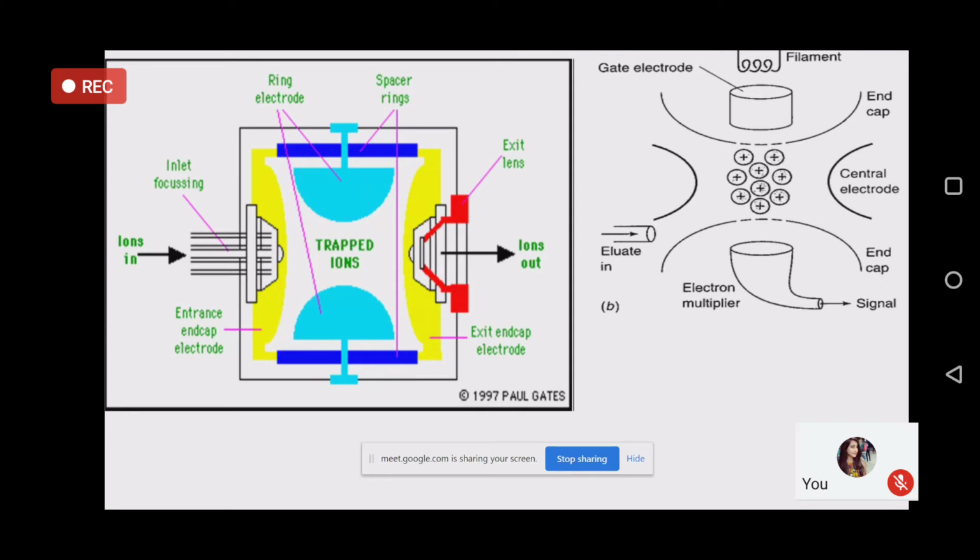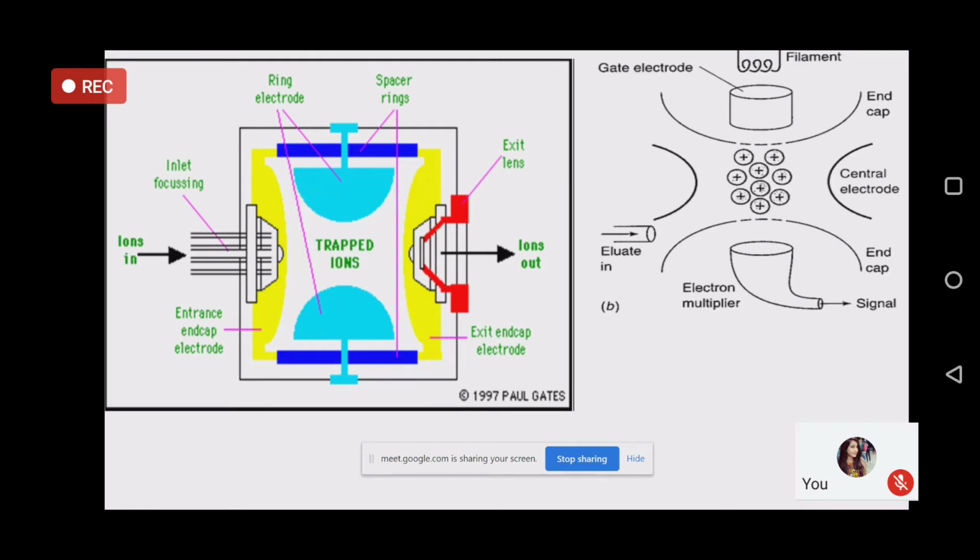And you have two electrodes on the side, which will keep the particles in a circular orbit in that particular volume. As you can see there, the ions are shown to be trapped, confined to that region in space between the four electrodes.